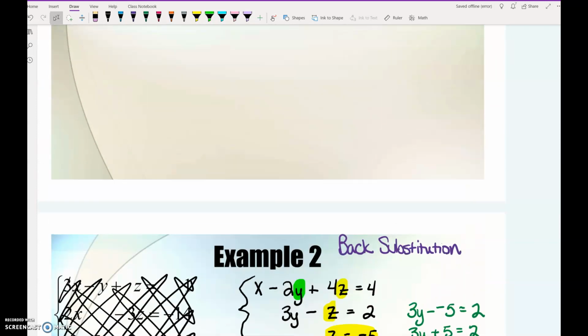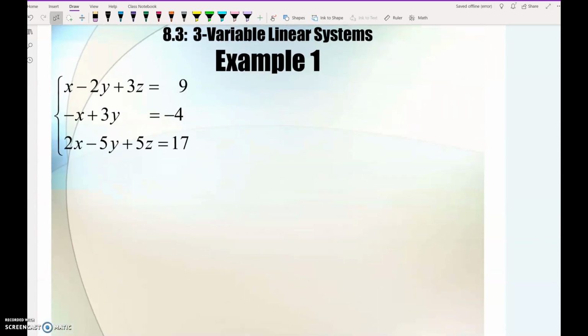Now let's go to example 1. We cannot use back substitution in example 1 because we don't know what one of our variables is. But we do know this middle equation has just x and y. So -x plus 3y equals -4.